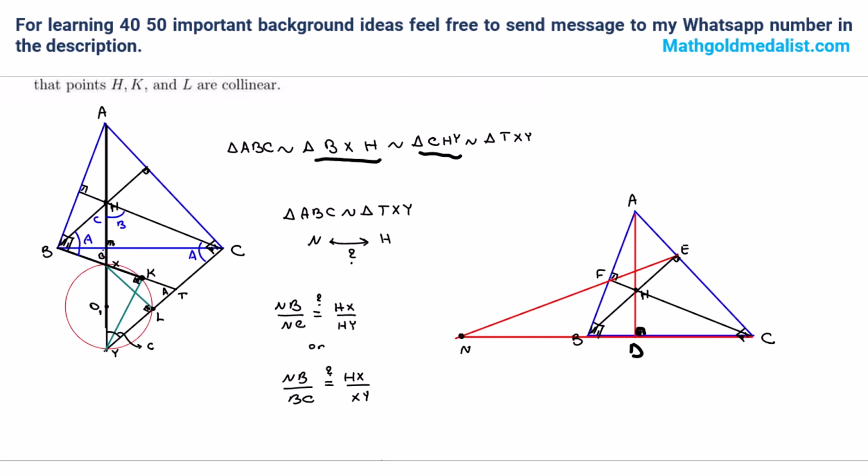Then now we know what corresponds to what. BD and CD correspond to each other. BD here, CD here, altitudes, right? So BD over CD equals HX over HY.